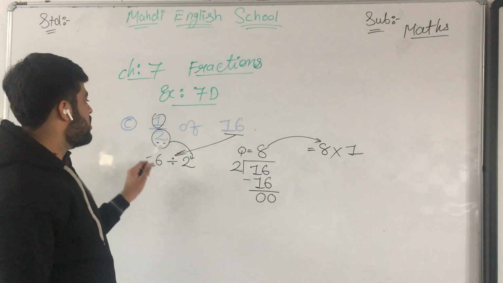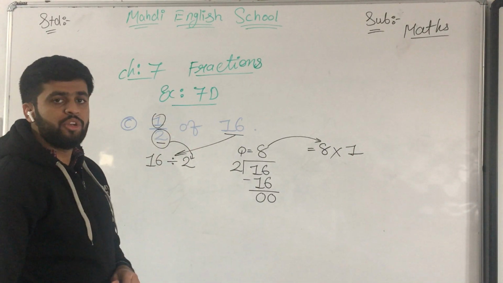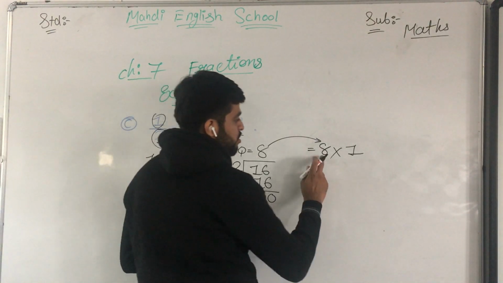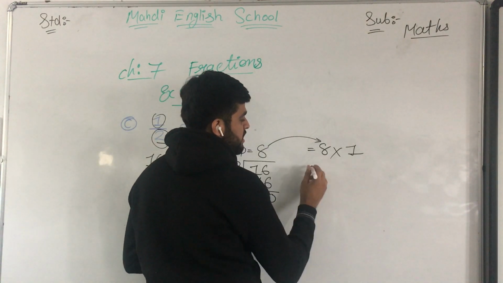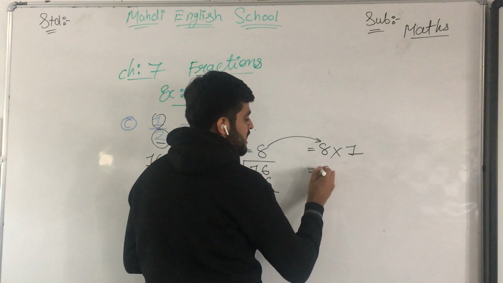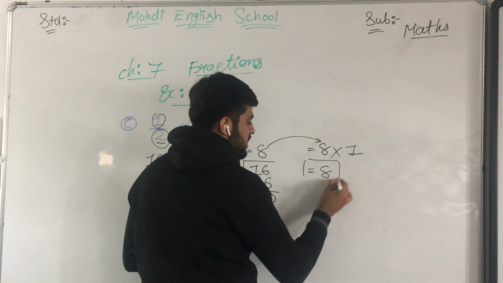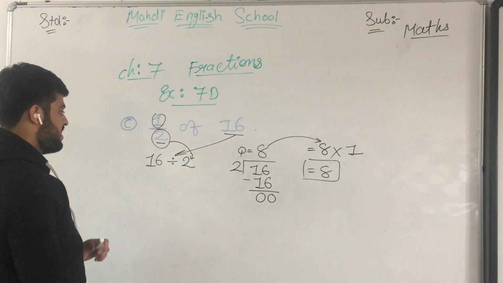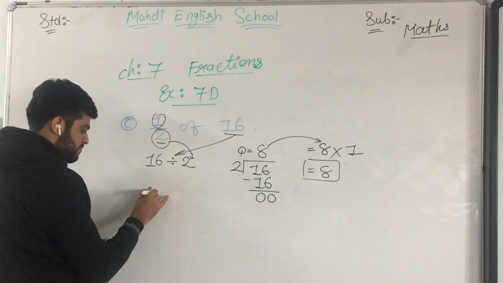In a fraction, the upper digit is called the numerator and the lower digit is the denominator. So 8 multiplied by 1. 8 ones are 8, my dear students. Got my points? Now here we write the answer.